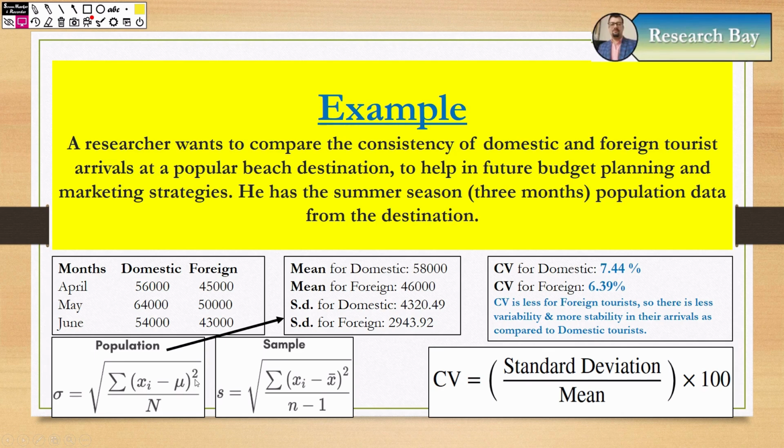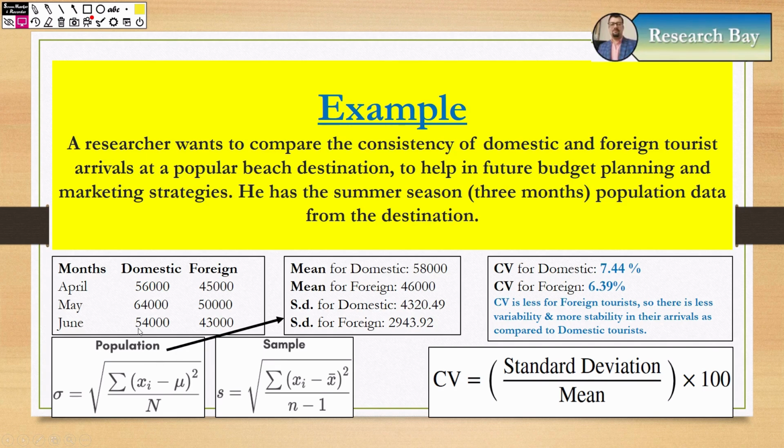We square the deviation, we add it up for all the observations, say for domestic 56,000 minus 58,000 and then squaring it up. 64,000 minus 58,000, which is the mean for domestic, right? And then squaring it up.